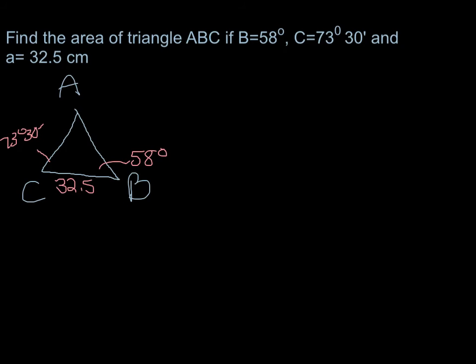So if you recall, previously we said that the area of a triangle is equal to 1/2 the product of two sides times the included angle.